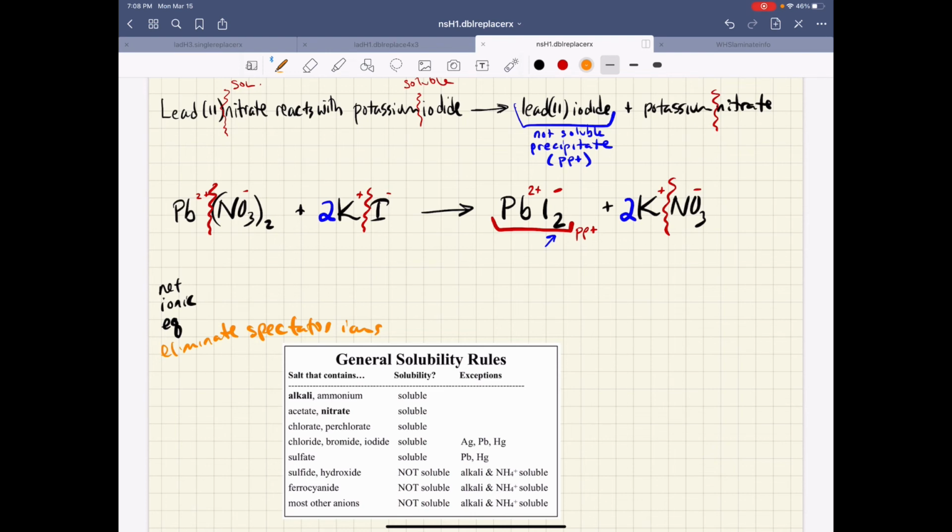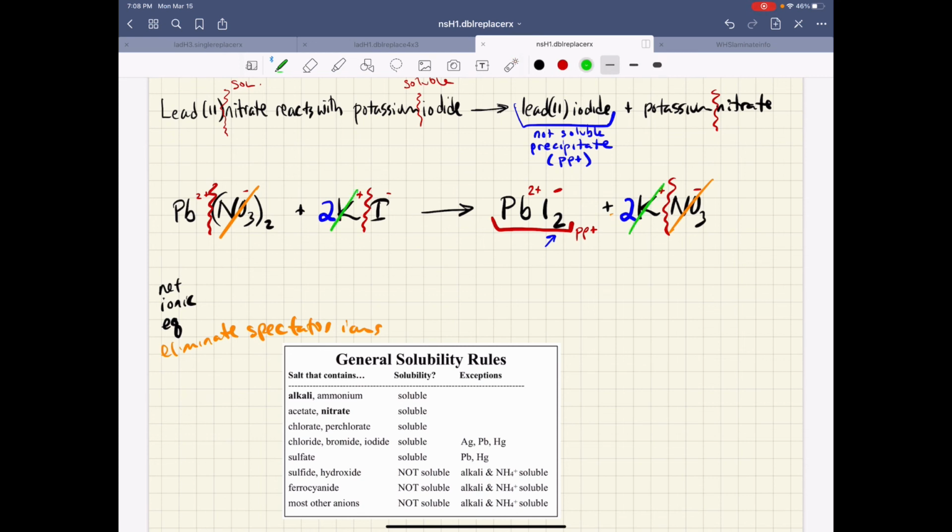Because nitrate is originally dissolved and separated as nitrates, and it is at the end, we can drop the nitrates out. And because the potassium is separated, meaning we see this squiggly line in both places, on the reactant side and the product side, we can eliminate the potassiums.